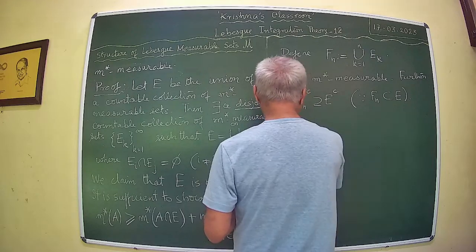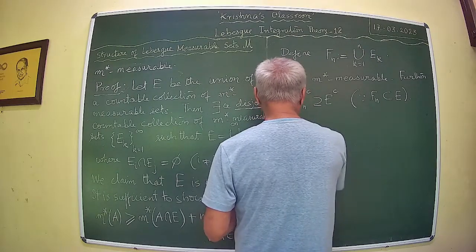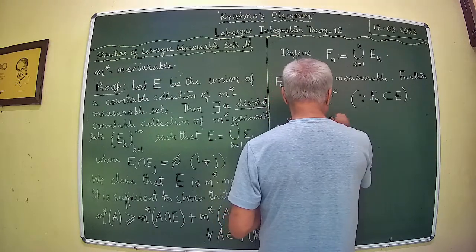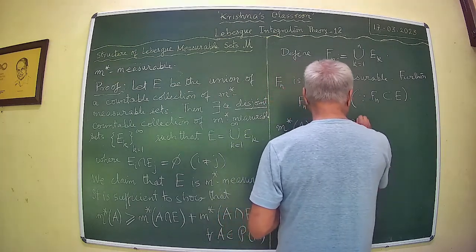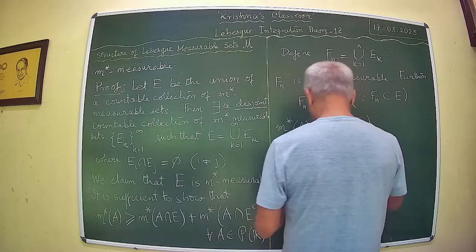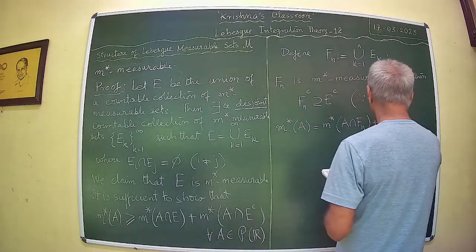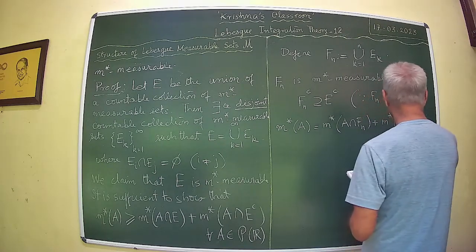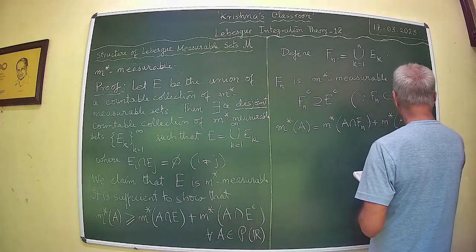So let us now work out this m star of A, m star of A intersection F_n plus m star of A intersection F_n complement.